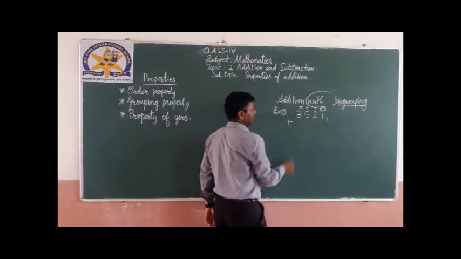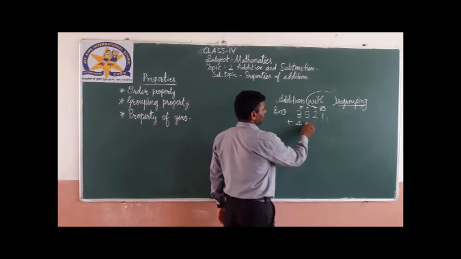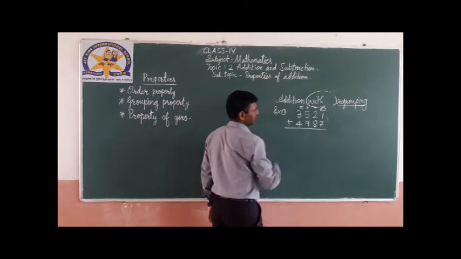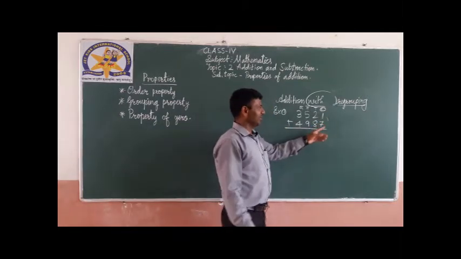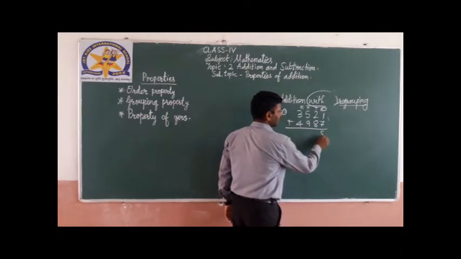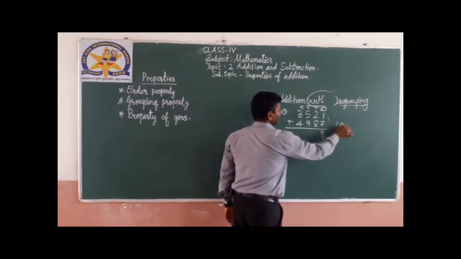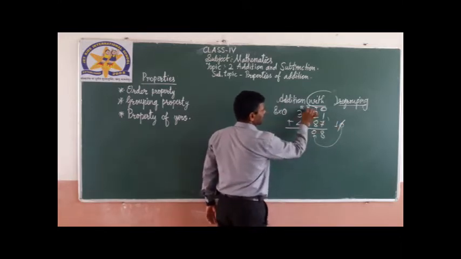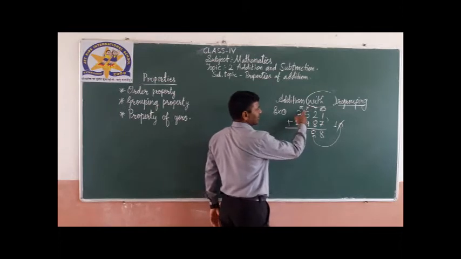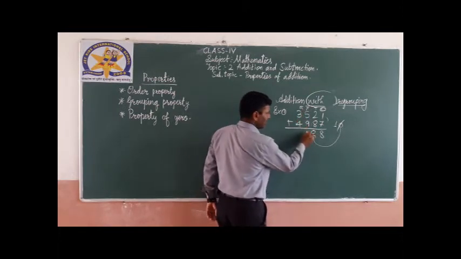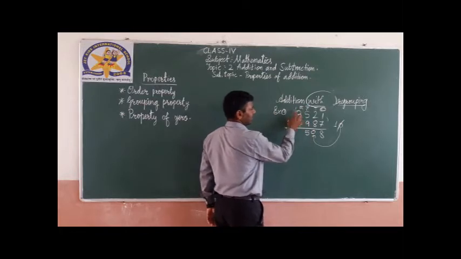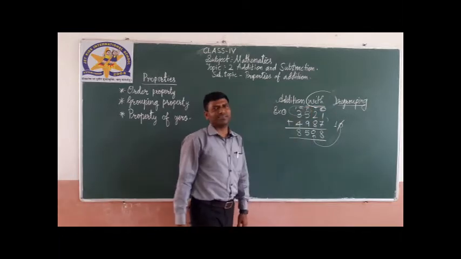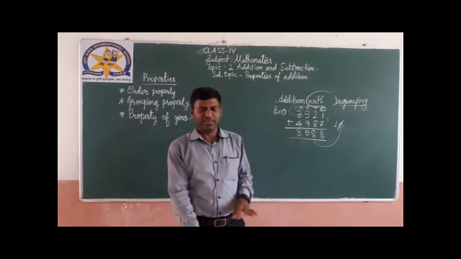Same example we will take. 4987. 1 plus 7, 8, 8 plus 2, 10, 0, here one carry, 1. 5 plus 1, 6, 6 plus 9, 15, 5, carry 1. 3 plus 1, 4 plus 1, 4, 8. This is called with regrouping. Understand? It's very easy. Nothing to worry.